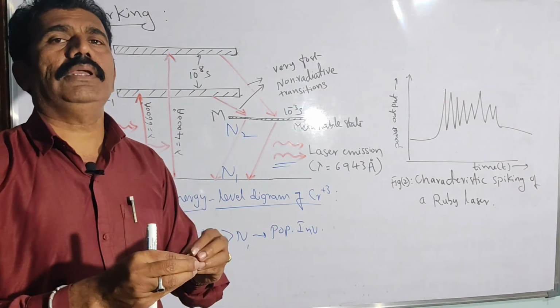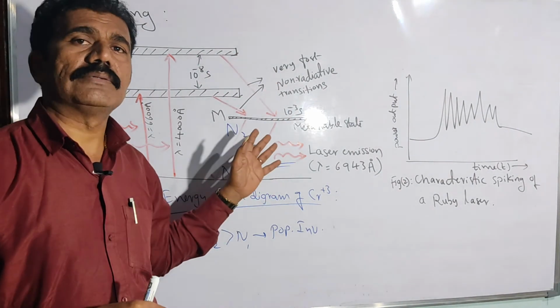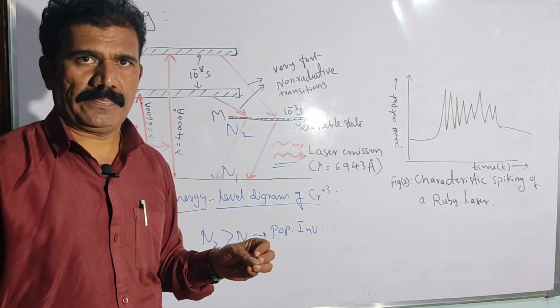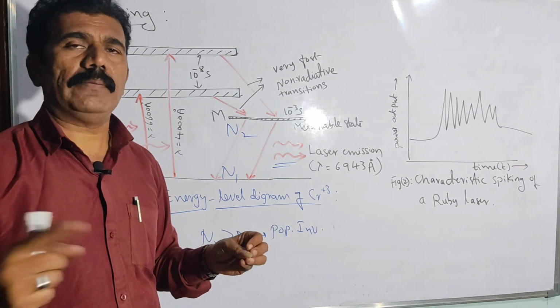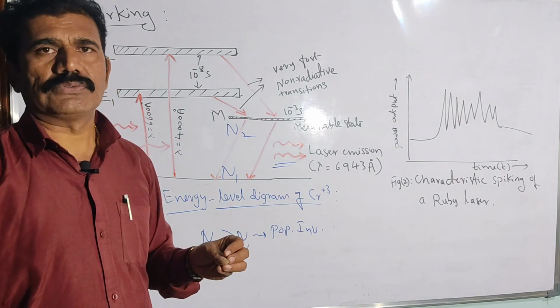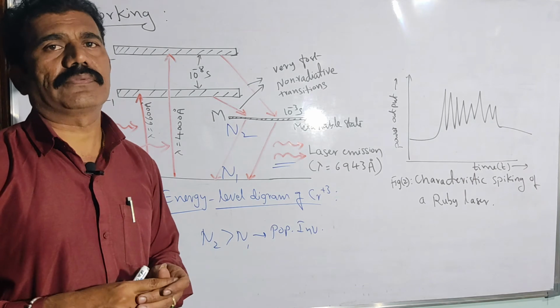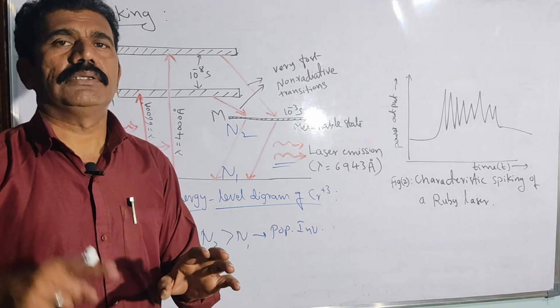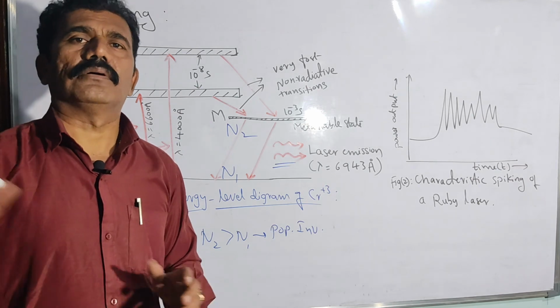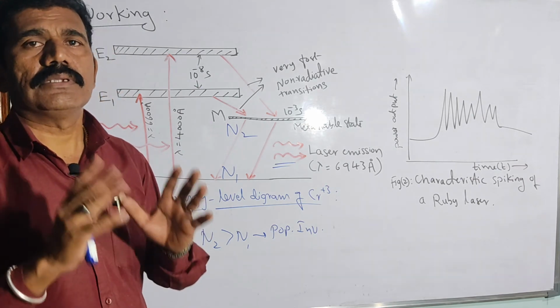In that moment, this whole mechanism takes place and immediately a laser beam is emitted like a pulse. Further, with a time gap, another pulse is emitted, and again another. Depending upon how many times the flash takes place on the ruby crystal, that many pulses you will get outside the ruby crystal. That is why we call it a pulsed laser.